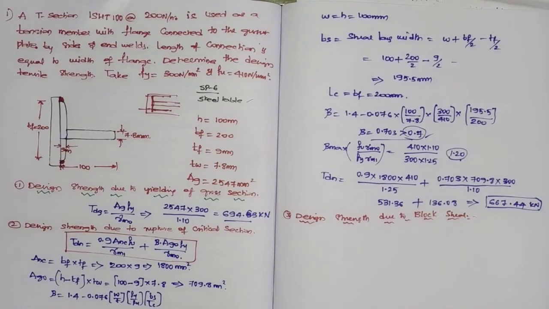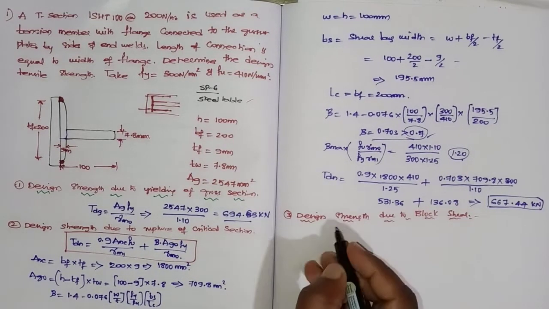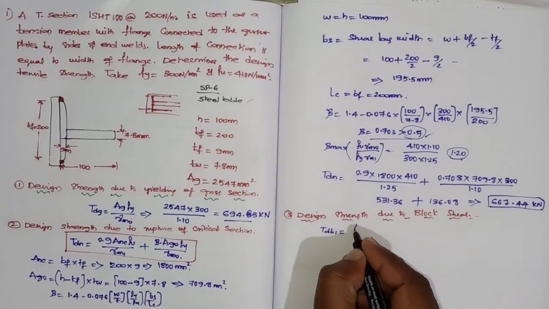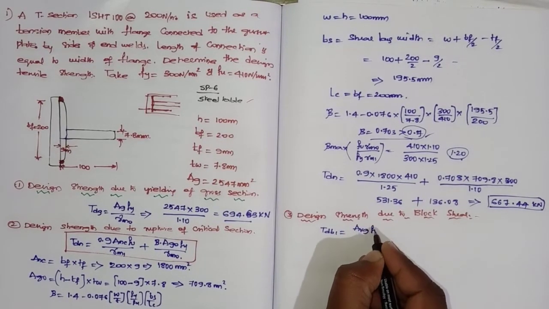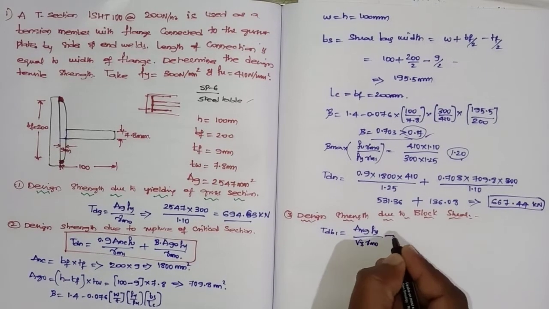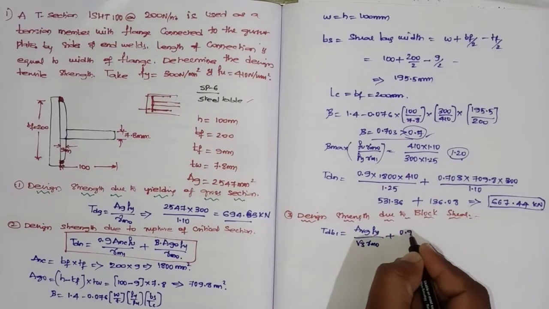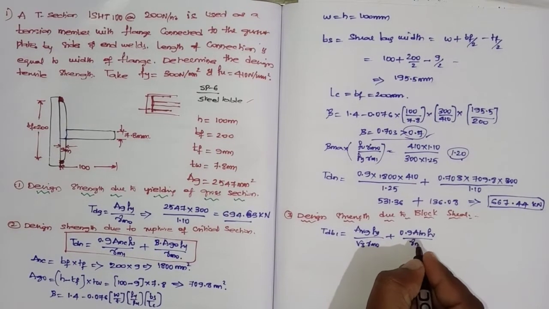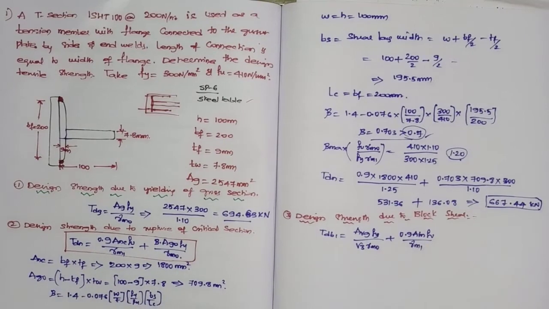Now there are two formulas. If you remember those two formulas, that is TDB1 equals AVG Fy by root 3 gamma m0 plus 0.9 ATN Fu by gamma m1. This is one formula.